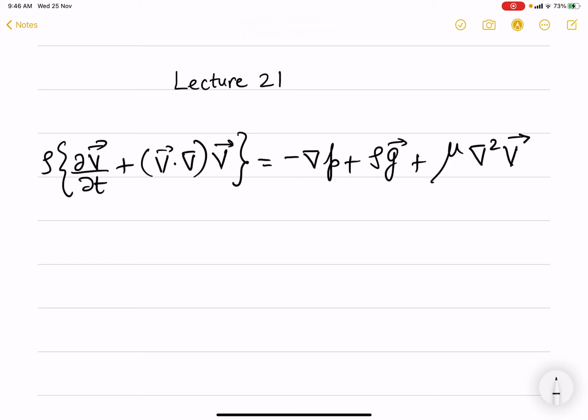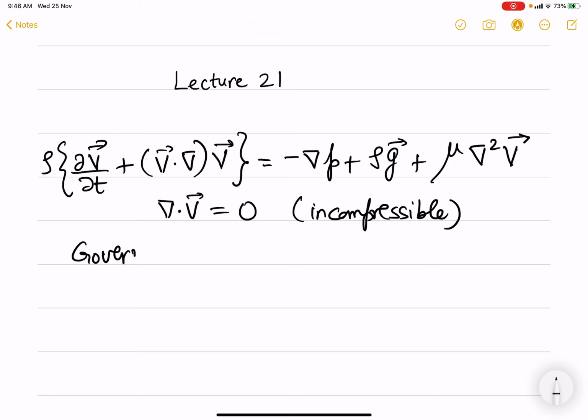Now, in addition to this, we also have the continuity equation, which for incompressible cases takes the form del dot V equals zero. So together, these are our governing equations for a fluid flow.